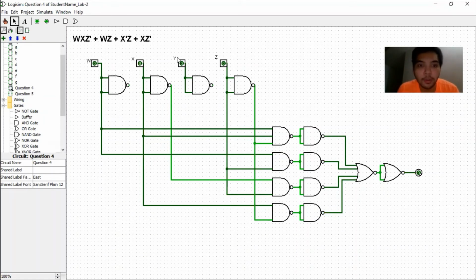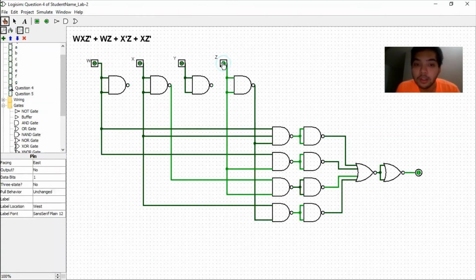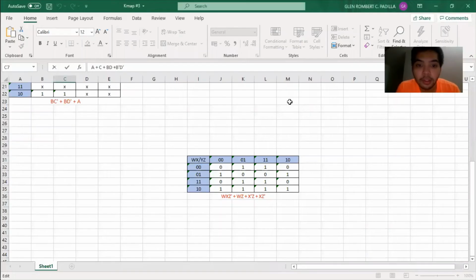As you can see, if our number is 0000, or converted into decimal, 0, the output is 0. If we put 0001, which represents 1, our output is 1. If we make it a 3, 0011, still 1.